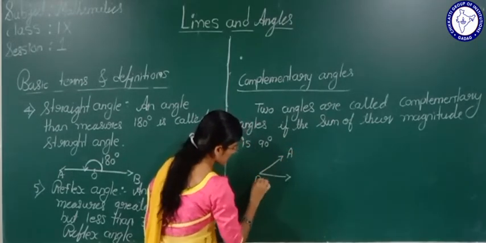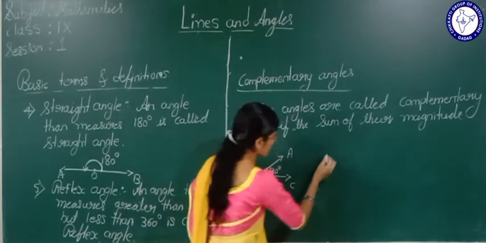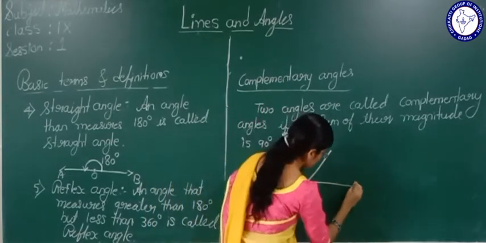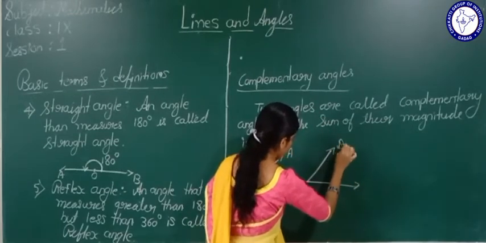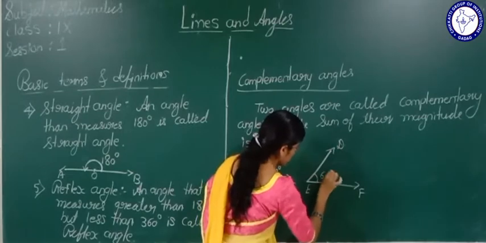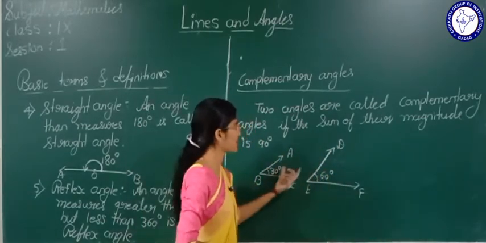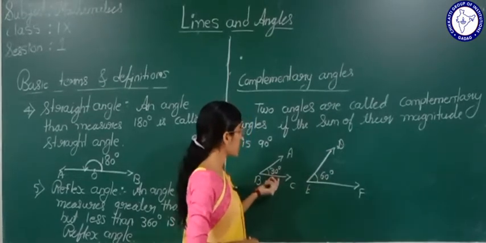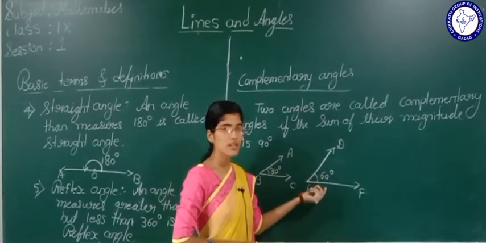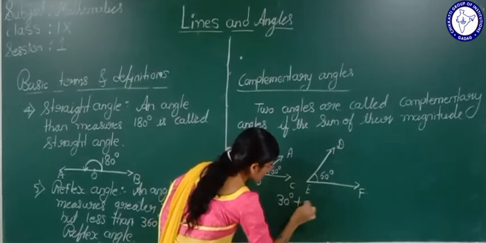Now see here, ABC is one angle of 30 degree. DEF is an angle of 60 degree. Two angles are called complementary angles if the sum of their magnitude is 90 degree. Now add this. What is 30 degree plus 60 degree?